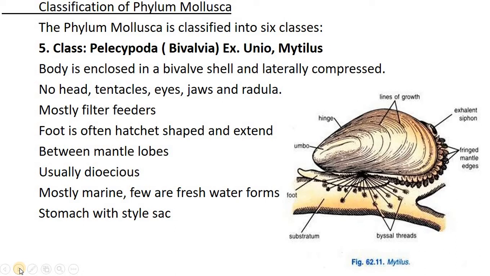Usually dioecious, sexes are separate. Mostly marine, fewer freshwater forms, and the stomach is there with the style sac, and stomach is surrounded by the digestive glands. Now this is the Unio, Pelecypoda or Bivalvia.